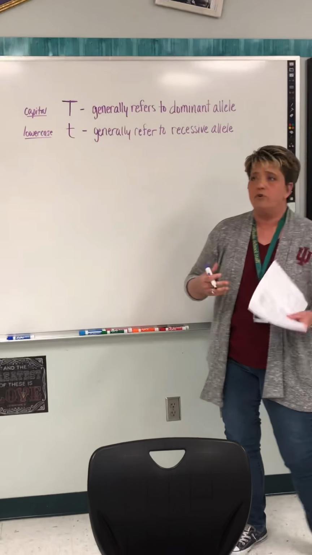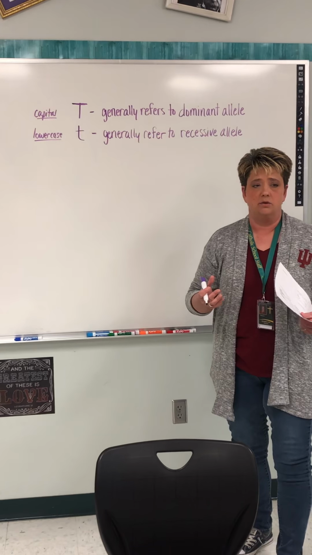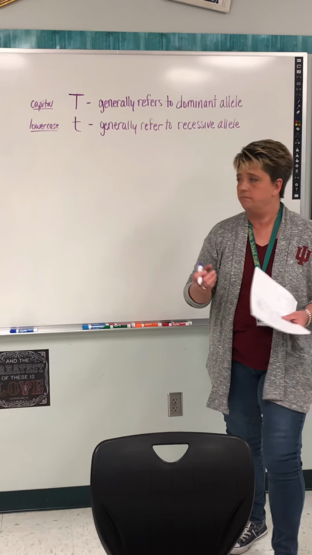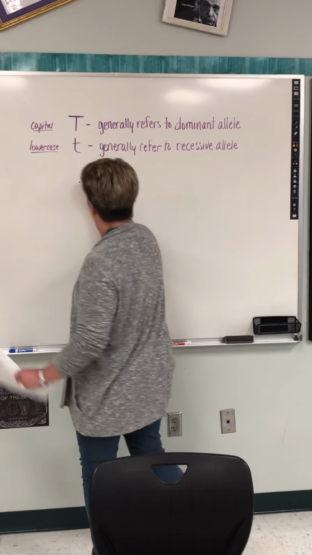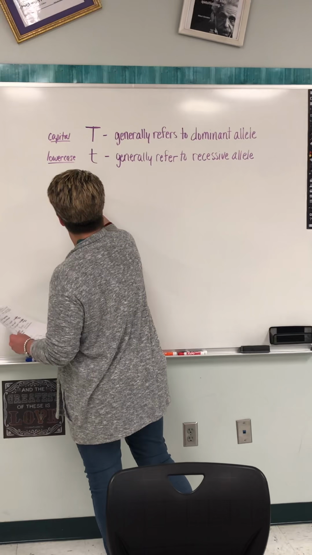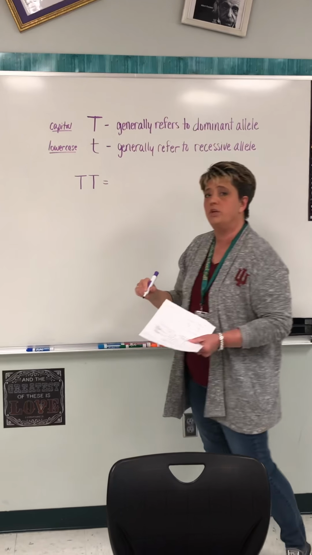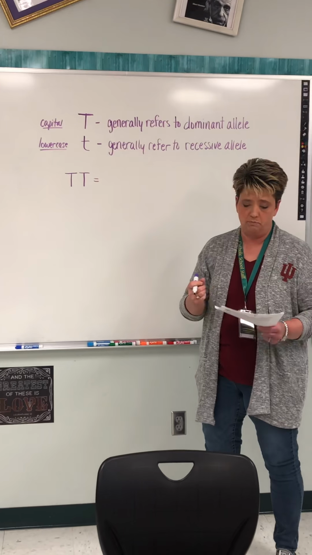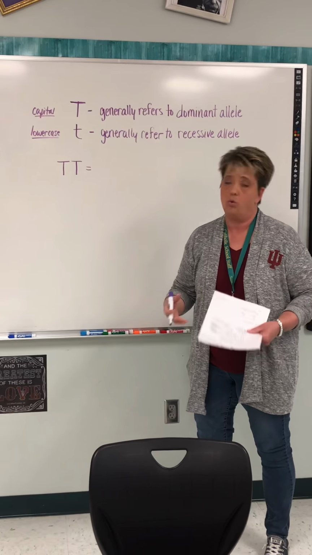Now, every trait that is expressed in an organism is expressed with two alleles. So if we have two capital letter T's, like when we're dealing with pea plants, like when Mendel was doing with his pea plants, the letter T was representing tallness or shortness.